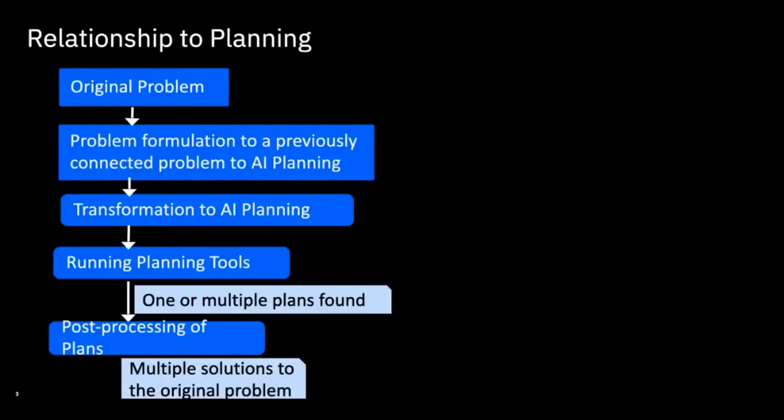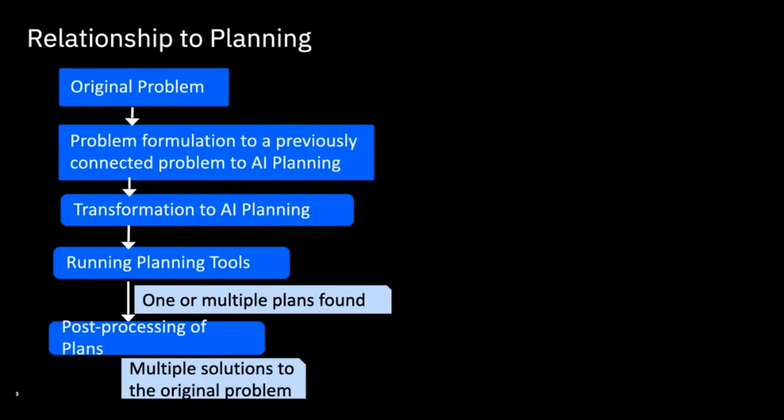Now, let's drill down more on the first challenge on establishing a relationship to AI planning. Sometimes it's trivial to write down a planning model, and sometimes it's not. And you need to find a relationship to an existing problem with established connection to AI planning problem. We call this a planning problem in disguise.